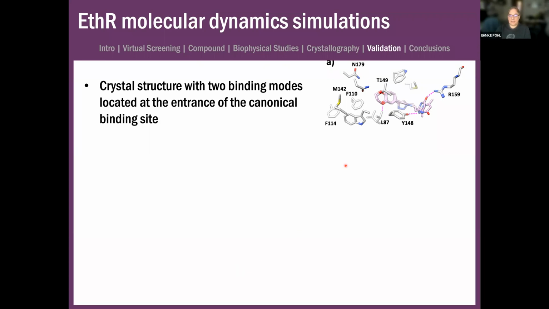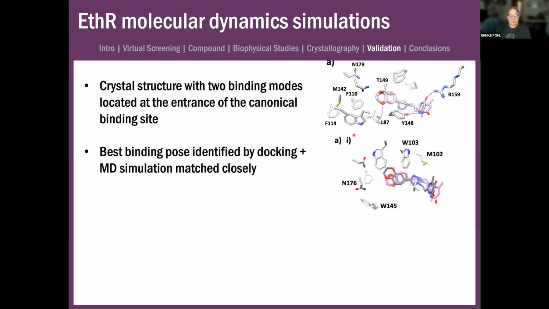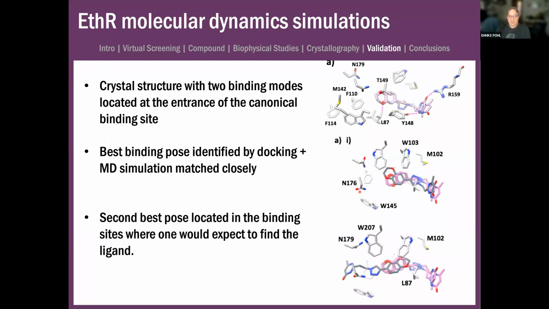So this is one of the examples where we have a compound which is on a somewhat unusual binding site. So this is a superposition of our best binding pose identified by docking with our crystal structure. And we can see that this fits quite nicely. The second best binding pose is actually in quite a different direction.